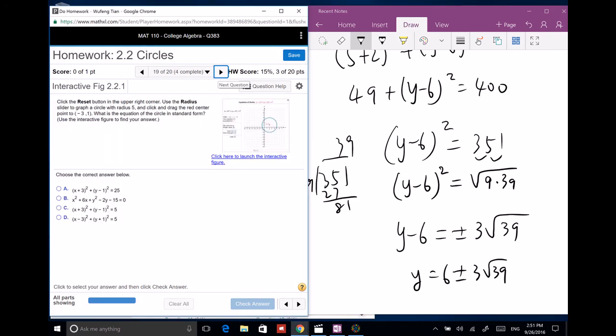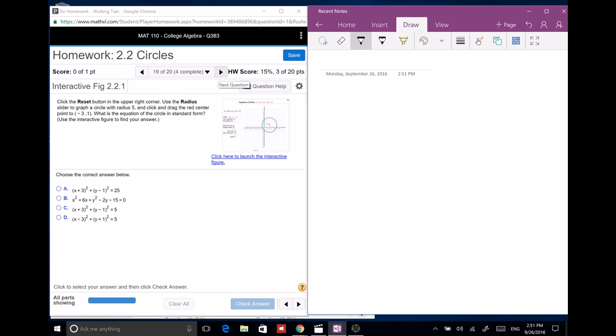Okay, so problem 19, you have to look at the active figure again. Okay, it says click the reset button, use the radius slider to make a circle with radius 5, click or drag on the center point negative 3.